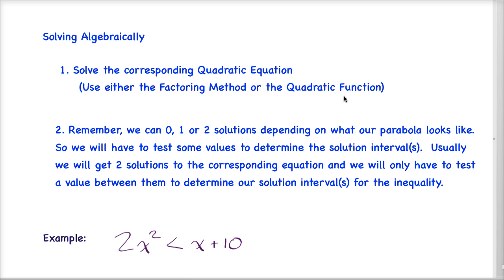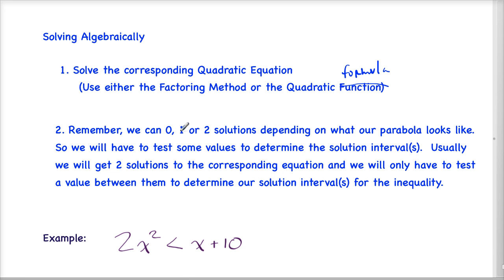X equals the opposite of b plus or minus the square root of b squared minus 4ac all over 2a. That should be quadratic formula, I'm sorry, not quadratic function. So that's our other option, right? Either factoring and then using the zero product property, or the quadratic formula.